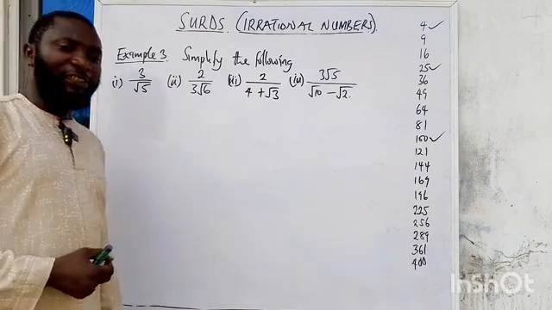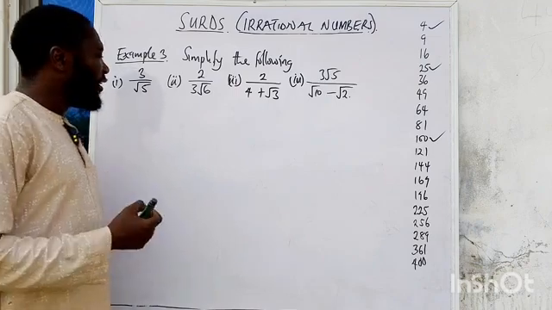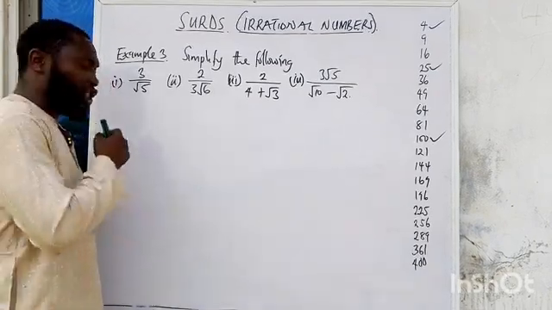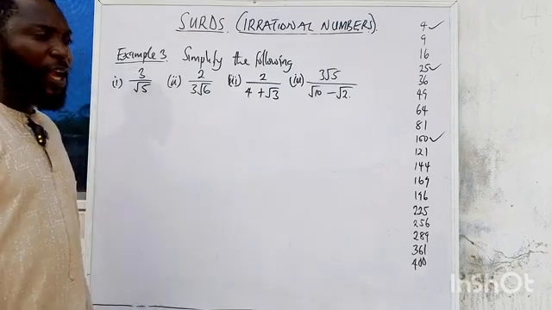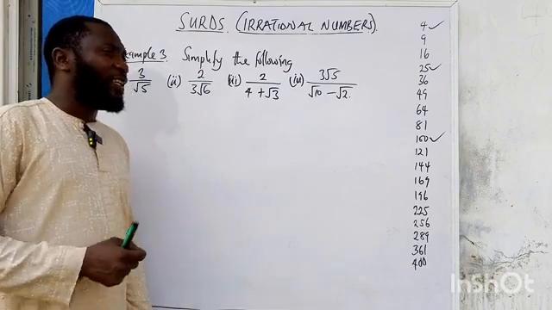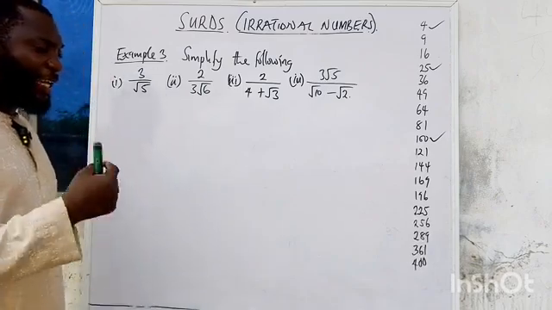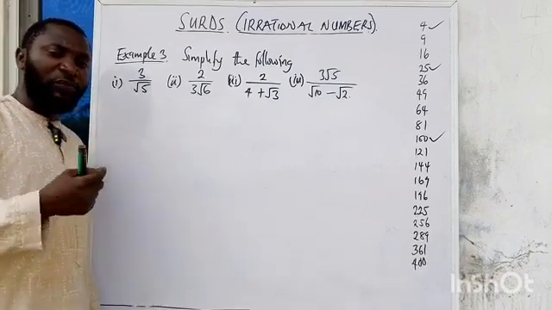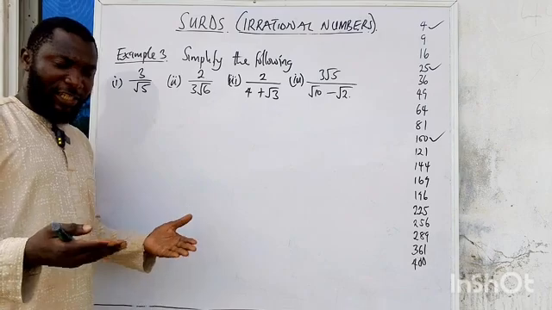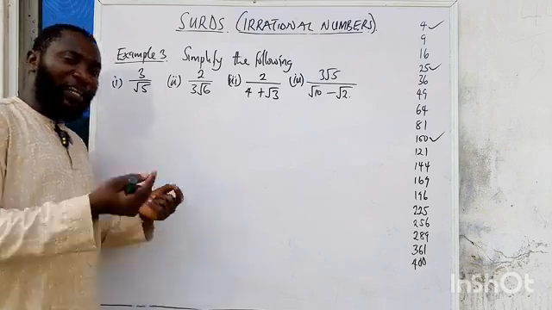You rationalize by multiplying the numerator and denominator by the conjugate of your denominator. And what do I mean by conjugate? A conjugate is a number that, when you multiply it by a surd, changes that surd from an irrational number to a rational number.